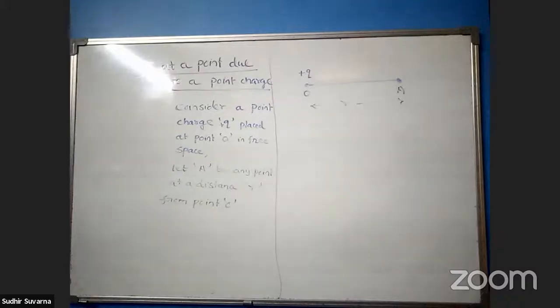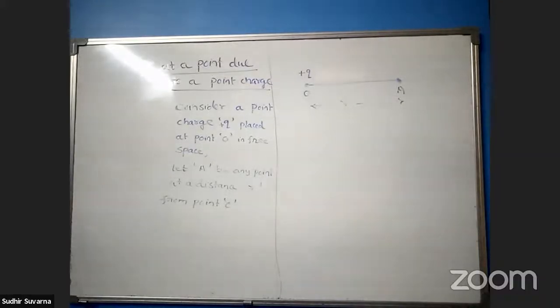So tell me what we have to do to find electric intensity at point A. We have to use that formula. Which formula? Bacha, first you have to do something.